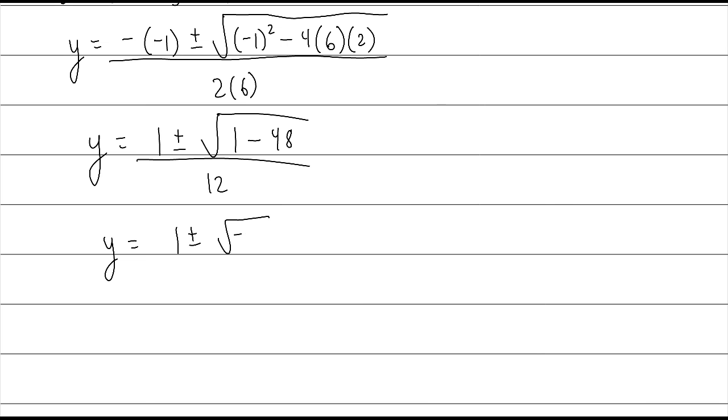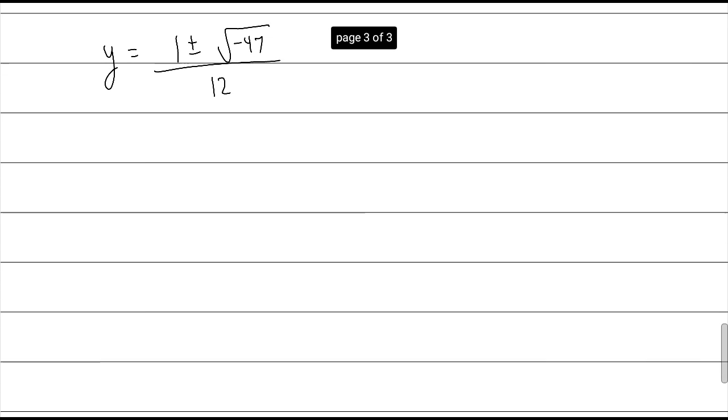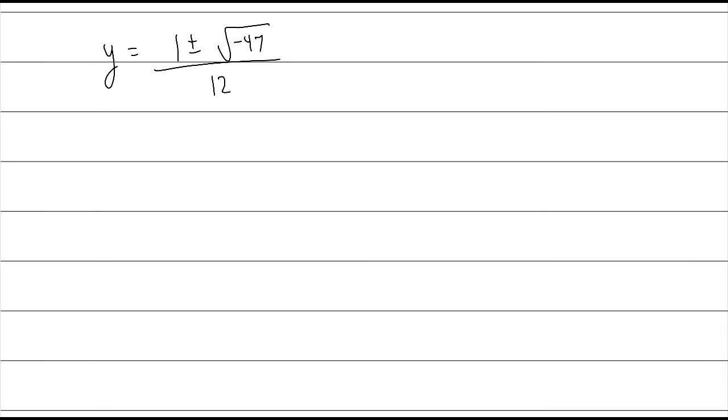is a negative 47. Oh, remember we said that you're not supposed to have a negative under the square root? Okay, that was a big old lie, right? Well, it's not too much of a lie because you can technically take that out. Okay, so this is a new idea. You'll see it in college algebra more, but for now, all you really need to know is that if you see a negative under the square root, you can't leave it there.